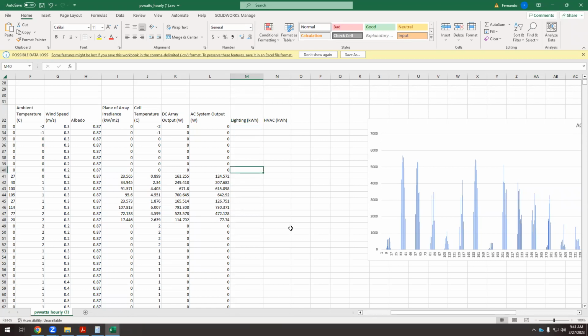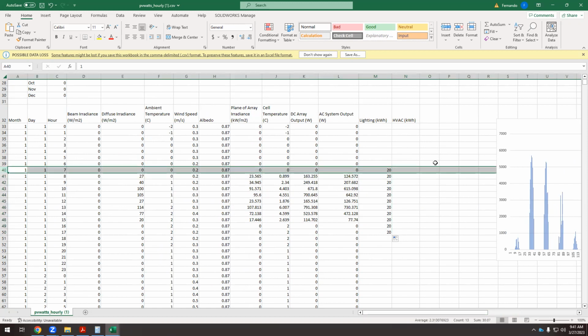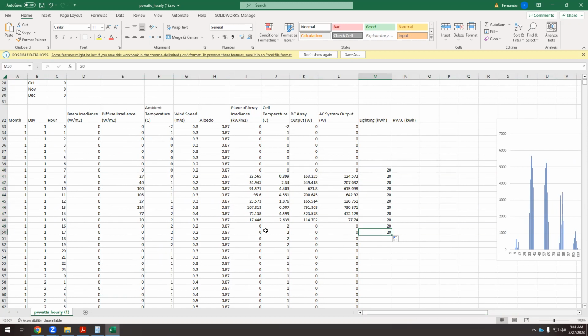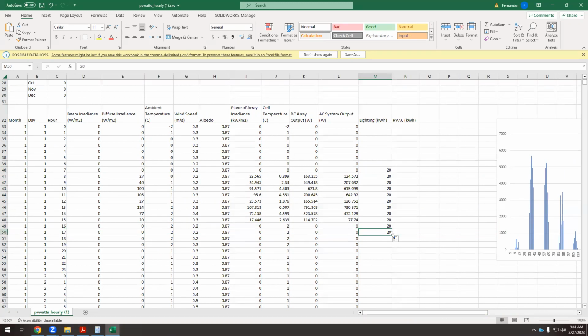Imagine that we have around, let's say 20 kilowatt hours. And we have this from 7 a.m. The building starts at 7 a.m. and the building ends at, let's say, 6 p.m. or 7 p.m. Okay, so we have 12 hours.